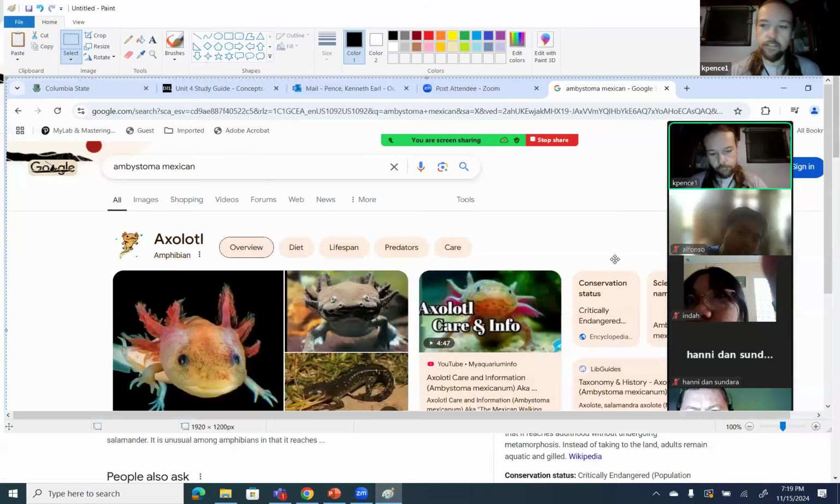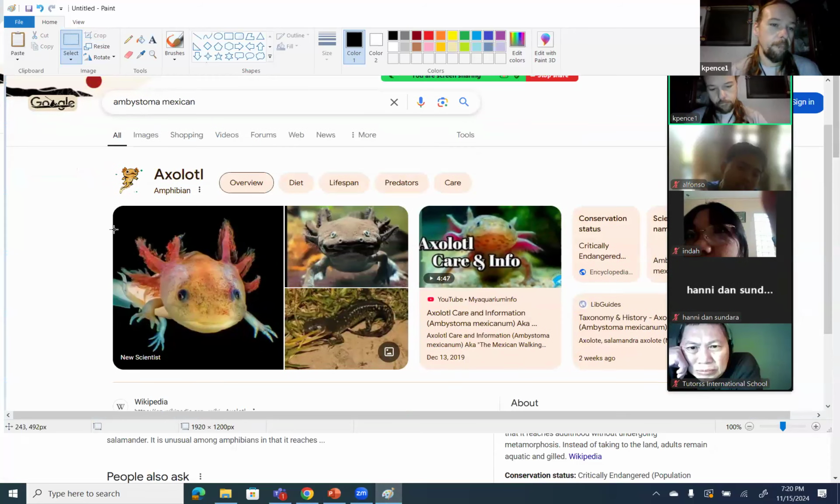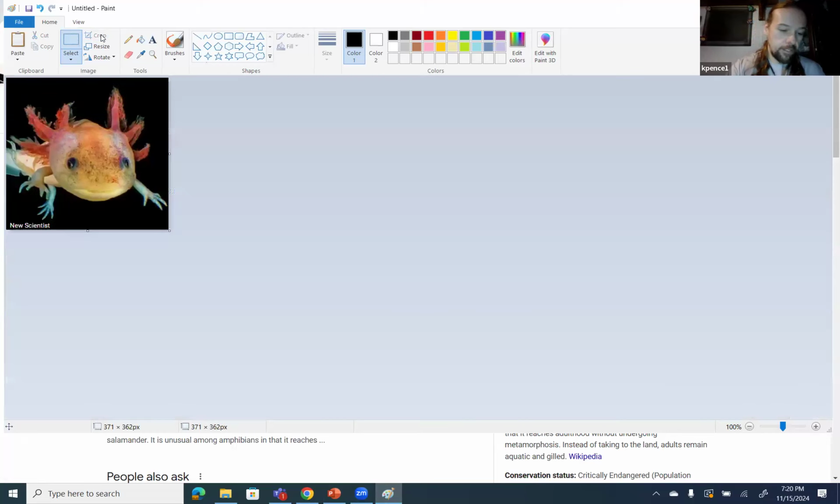All right, this guy here is called an axolotl. It's kind of like a salamander, but he never forms lungs. He always has gills.